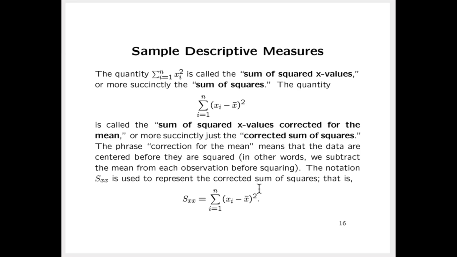And again, it's just defined to be this summation here. We've seen this summation. It's the numerator of the sample variance. And instead of having to write out this summation, for efficiency and to reduce the amount of writing, we're introducing additional abbreviations for some of these quantities. So S sub xx is a very important quantity for us to know about, and to know what that notation means. It just means the corrected sum of squares.